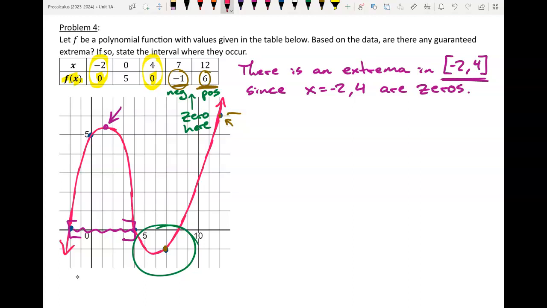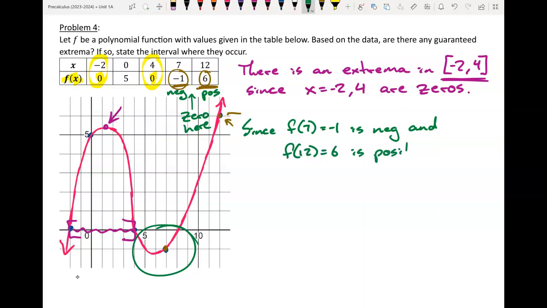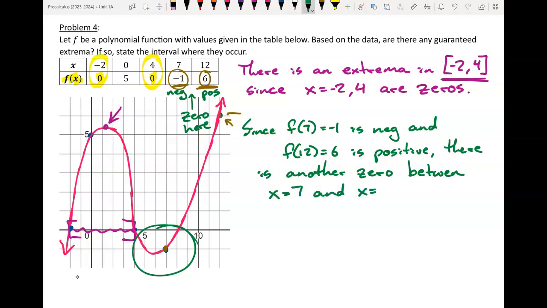So let's go ahead and state some of that. Since f of 7 equal to -1 is negative, and f of 12 equal to 6 is positive, there is another 0 somewhere between x equals 7 and x equals 12.